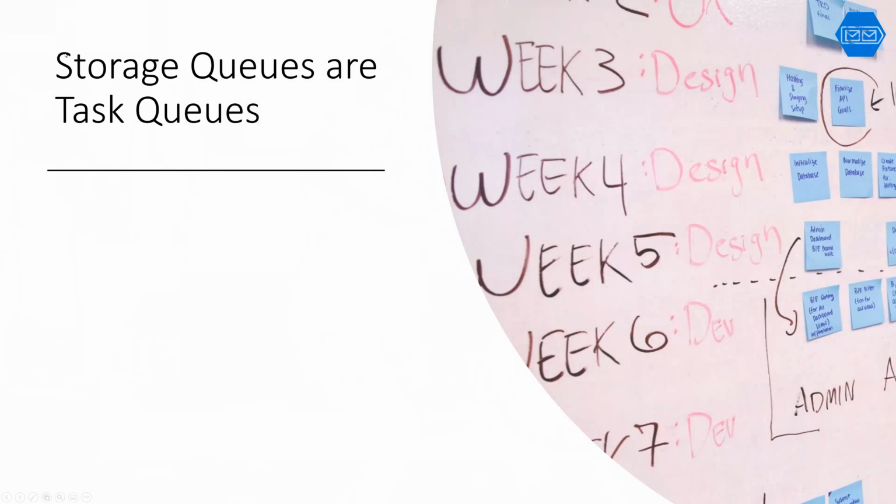What it means is it's designed to coordinate work across compute in Azure. For example, if you have functions or app service or virtual machines that execute work and they want to communicate tasks between themselves and/or send instructions, usually messages with intent of something to take place, something to happen.